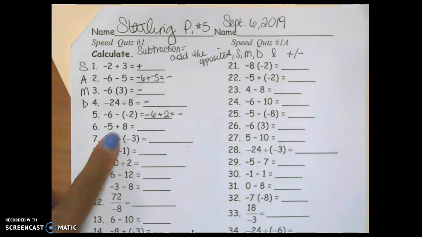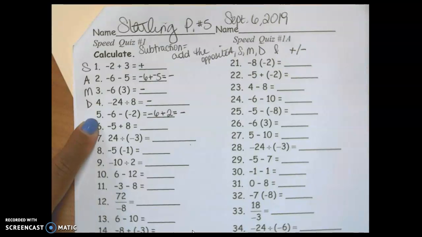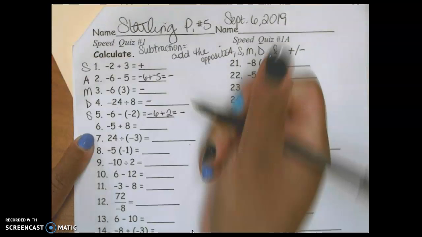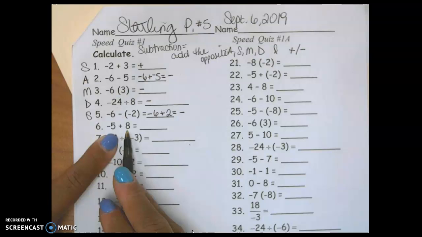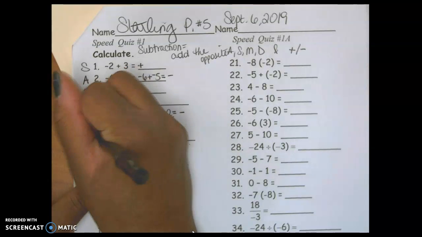What do I do since they have different signs? Subtract. Here, what do I do, and what will I have? I'm going to subtract, and then what will I have?